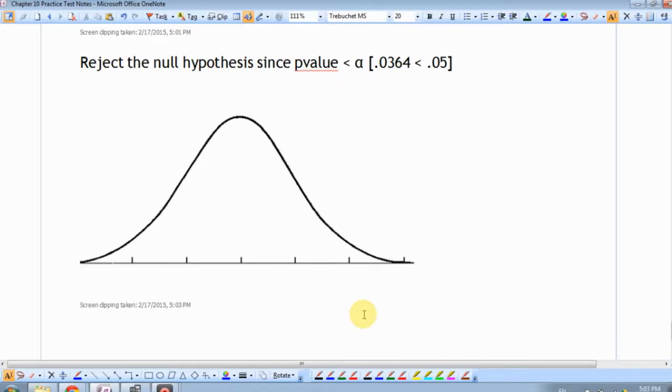Okay, let's label this all. Starting here, the mean has a t-score of 0, and that was at 65. What's our t-score?